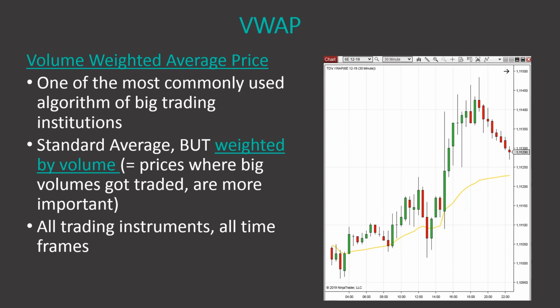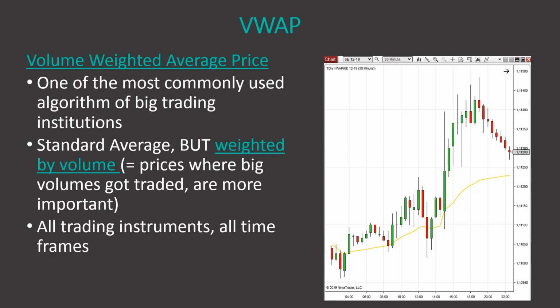But with the VWAP, there is a big difference, because the VWAP actually looks at the volumes, and if there is big money behind the move, then the VWAP goes upwards, it reacts. But if there are low volumes behind the move, then the move is not that significant because there's no big money behind the move, right?